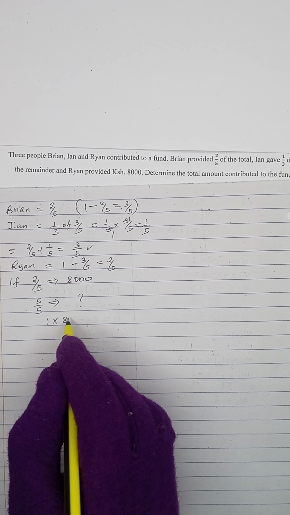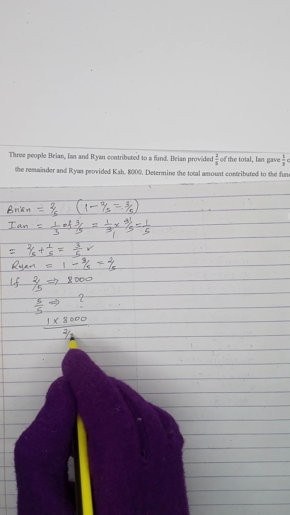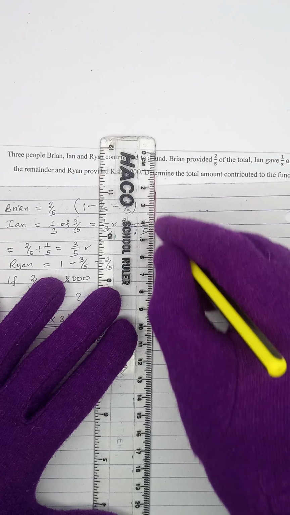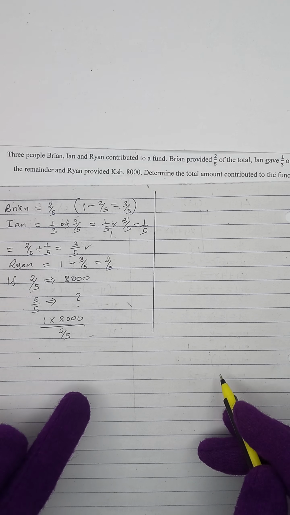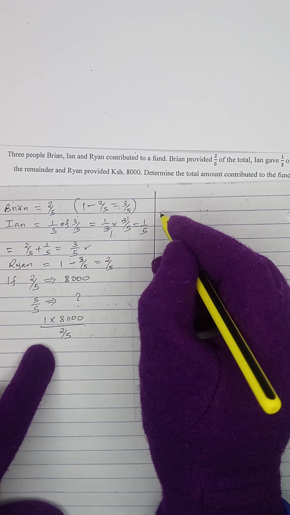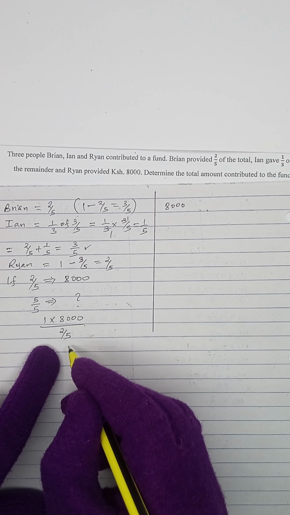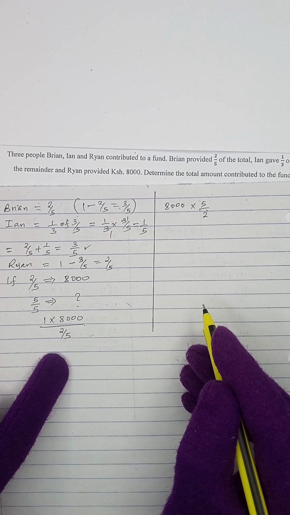So 1 times 8,000. Then we divide by 2/5. When you are dividing by 2/5, it's the same as multiplying by the reciprocal. So 1 times 8,000 is 8,000. Dividing by 2/5 is the same as multiplying by the reciprocal, which is 5/2.